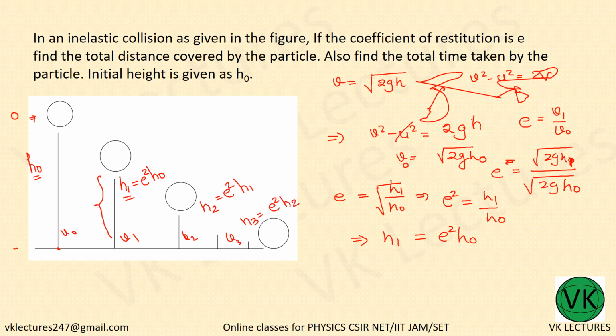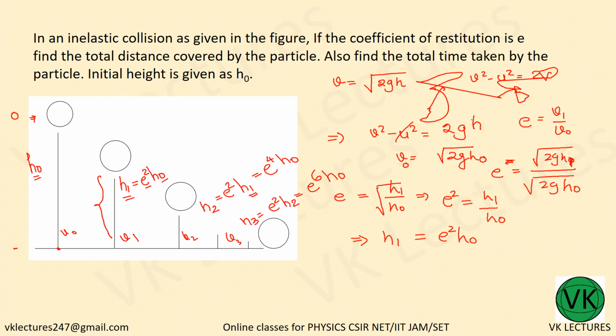Any doubt here, anybody? Then h1 is e square h naught, h2 is e square h1, but again h1 is nothing but e square h naught, so I can write h2 as e to the power 4 h naught, and h3 as e to the power 6 h naught.